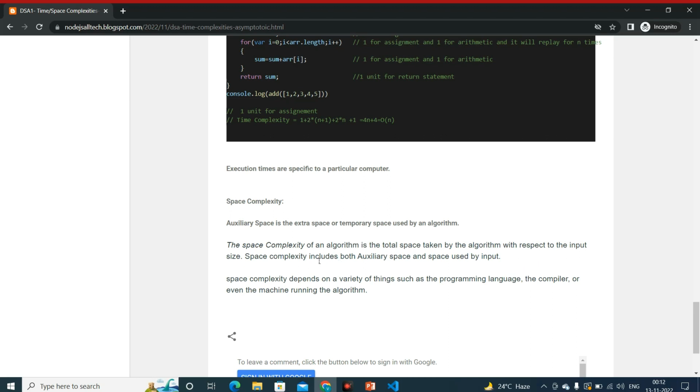Means space complexity includes both auxiliary space as well as input space. And space complexity depends upon a variety of things like programming language, compiler, even the machine running the algorithm as well. So that's all about the time complexities and asymptotic notations.